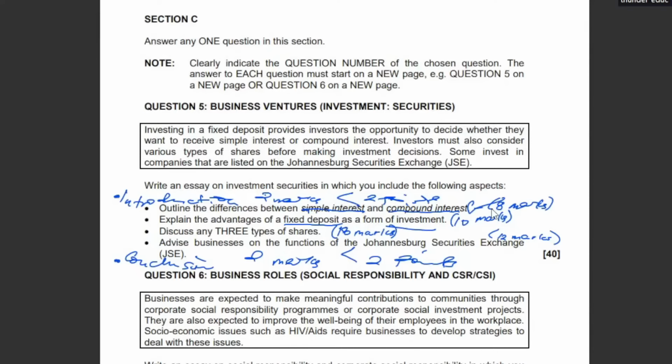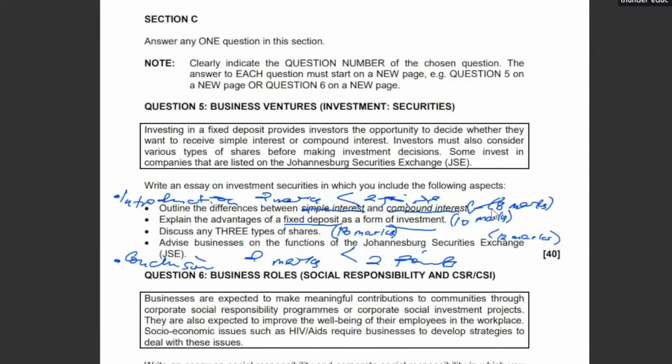Okay, right. So the first point, we can say that the knowledge of simple interest and compound interest will allow an investor to do further research on the latest developments in investment opportunities.